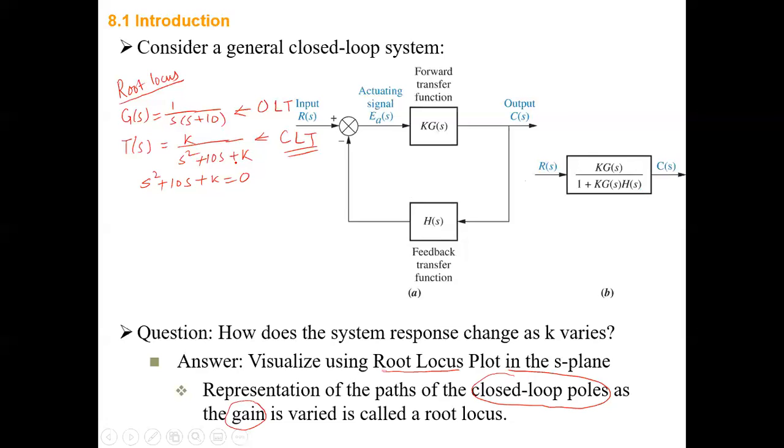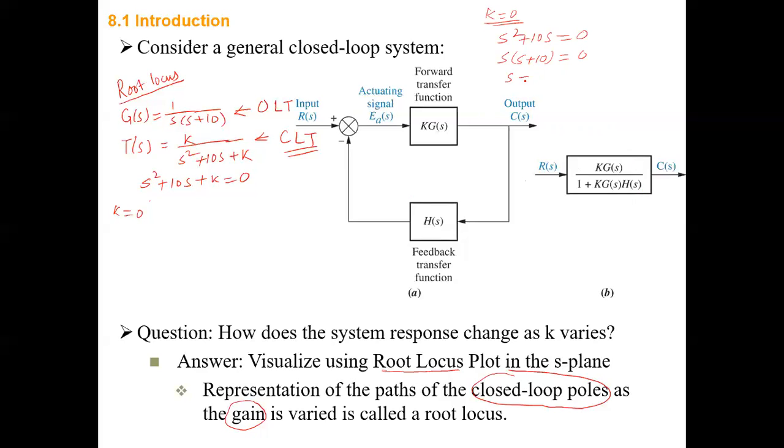So let me start with K equals 0. When K equals 0, what poles do you get? You have S squared plus 10S plus 0 equals 0, which is simply S times S plus 10 equals 0.